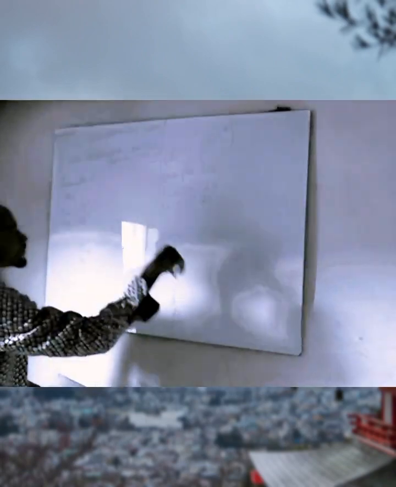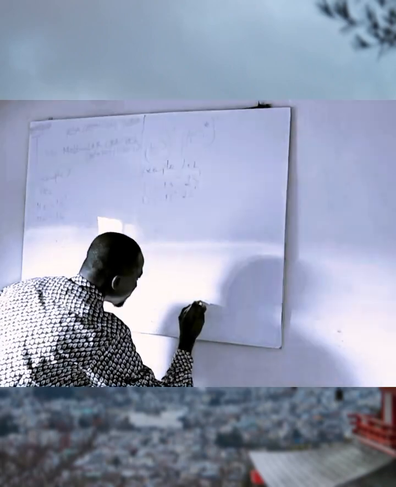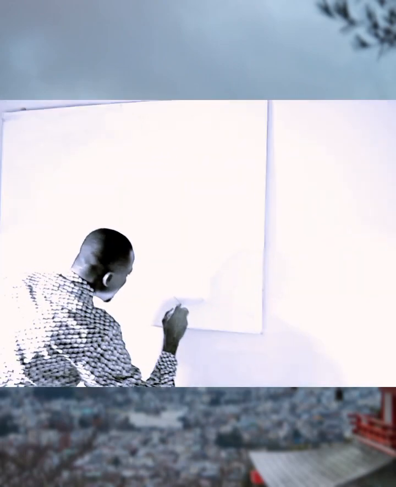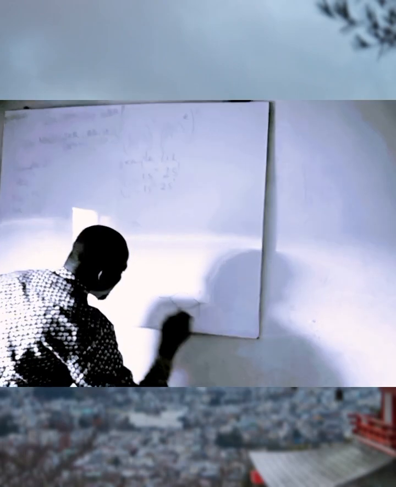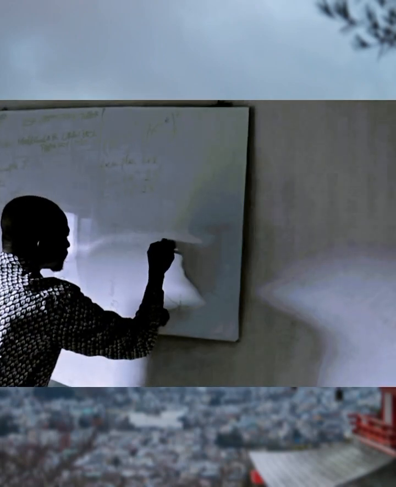So now, let me quickly draw the two diagrams. The one of 1s will be here. The one of 2s as well has to follow each other.